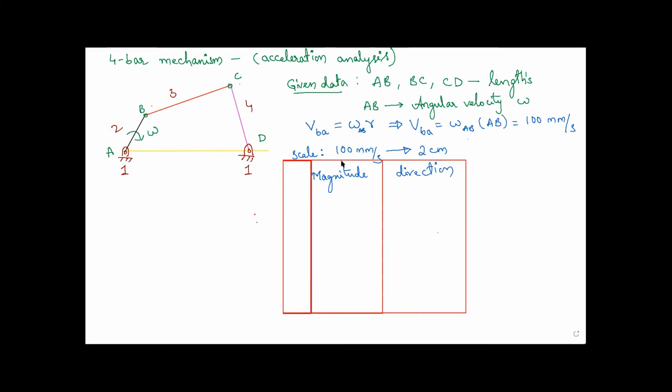Let's take the first column as your link, so you know which link we are considering. So link, magnitude, direction.